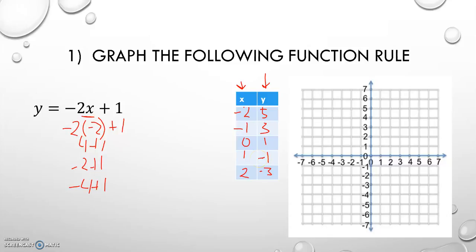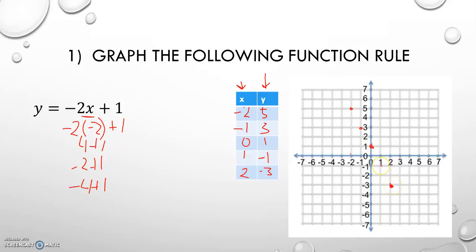So then if I plot these points, -2, 5 means I would go to the left 2 and up 5, which means I'm at this point. -1, 3 means I go left 1 and up 3. 0, 1 is here at this point. 1, -1 is here. 2, -3 is here.